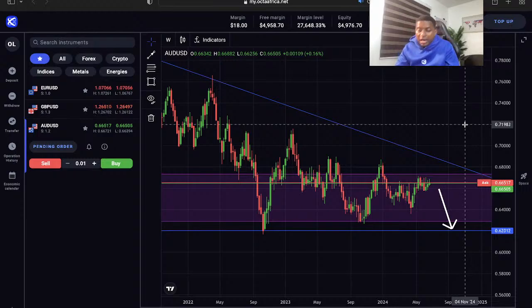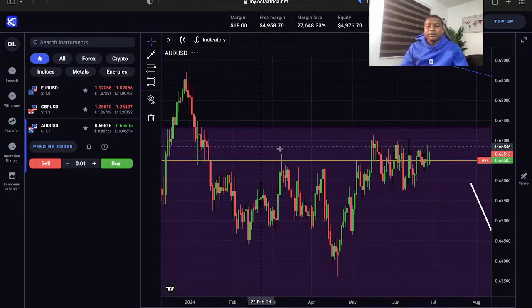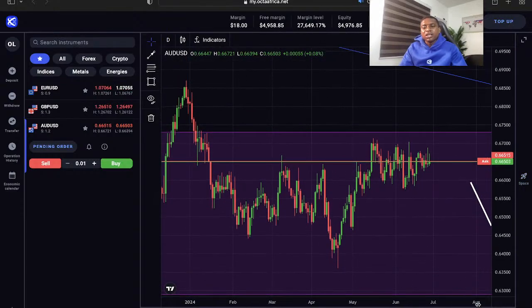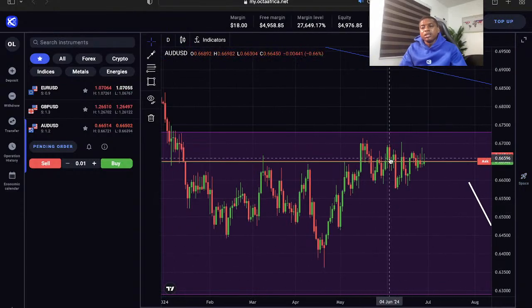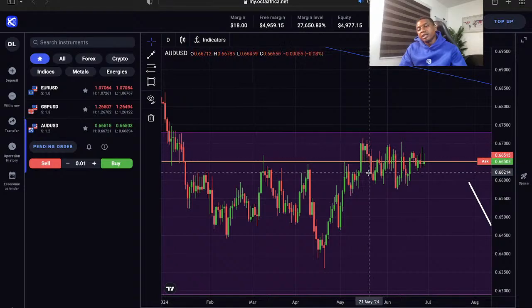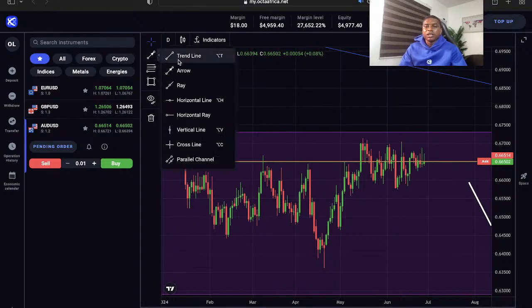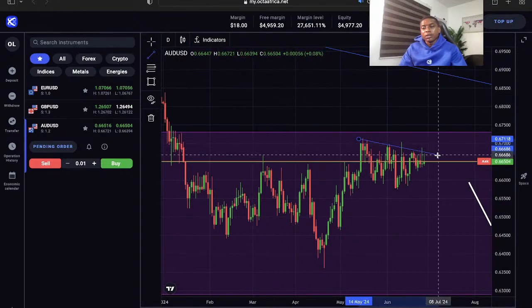So now we look at the daily time frame. Obviously on the daily time frame we can see more like a bearish flag, where price went up and then started creating this bearish flag.